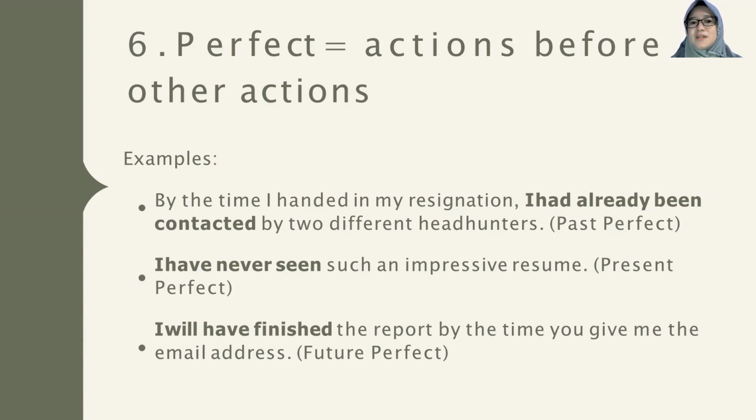I had already been contacted by 2 different headhunters. So before I handed in my resignation in the past, it has happened in the past. But before that, I had done something else. I had already been contacted by 2 different headhunters.